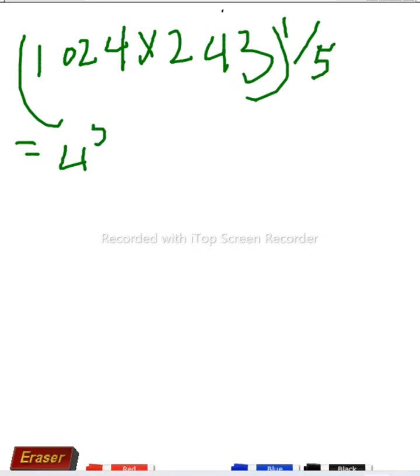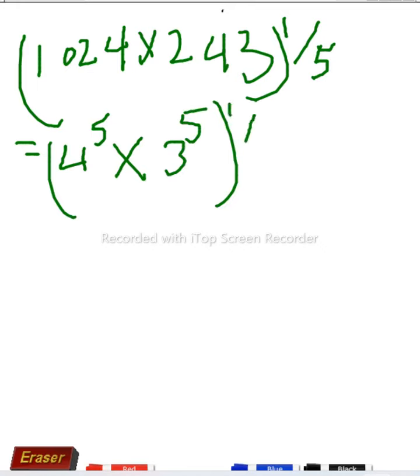And 243 means 3 to the power of 5. Again, in the bracket, the power of 1 over 5.